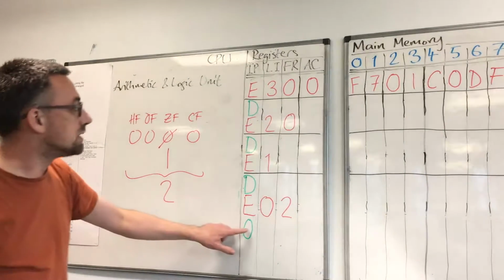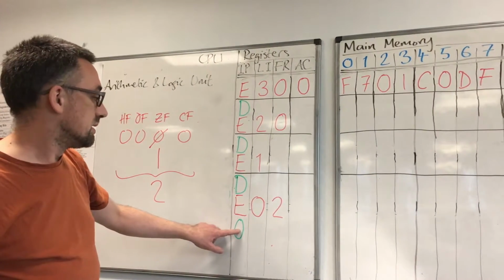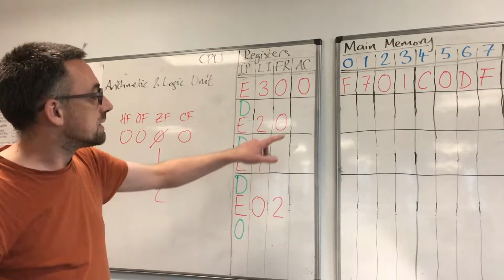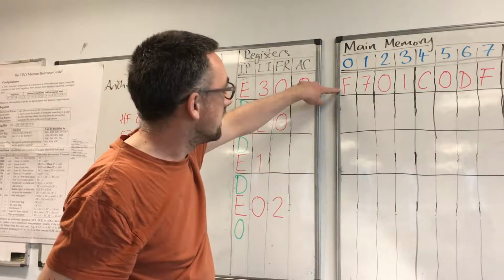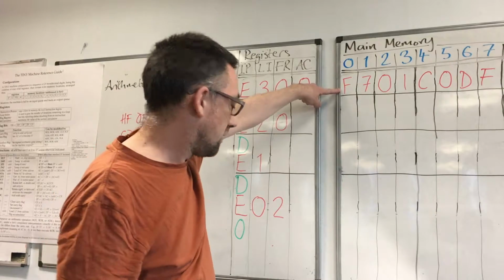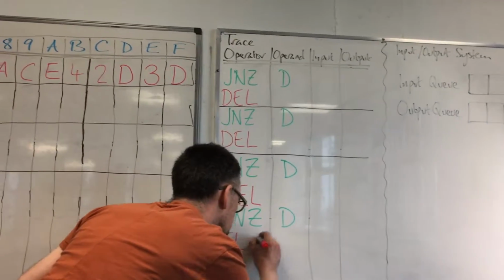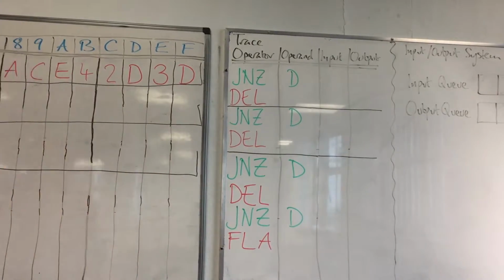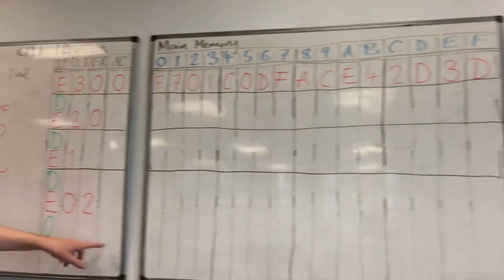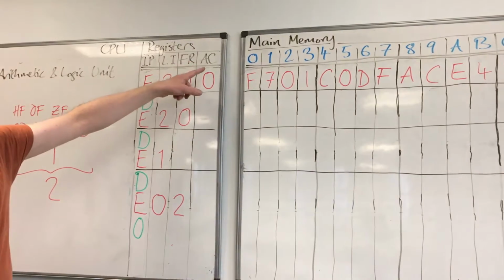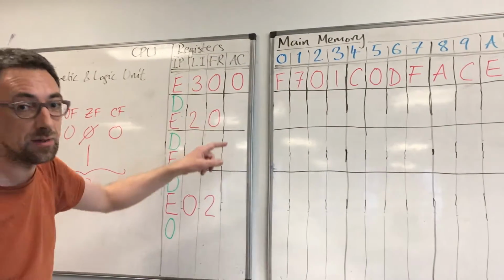So now the instruction pointer is 0, and we get to see what the instruction is. It's F for flip accumulator. The accumulator has been 0 for really quite some time.